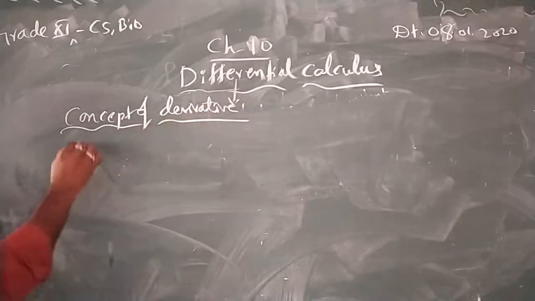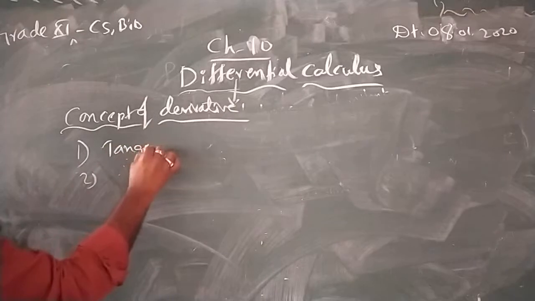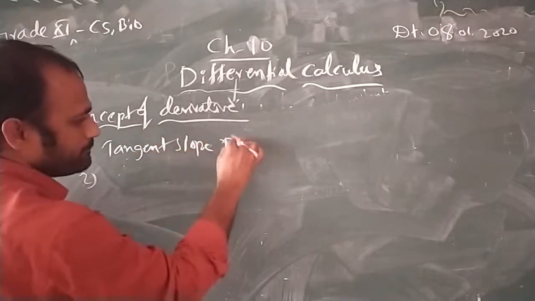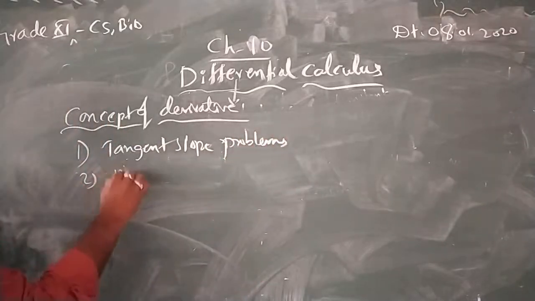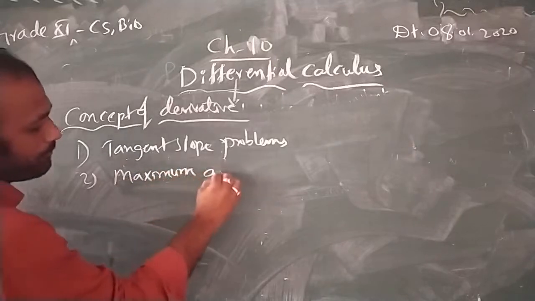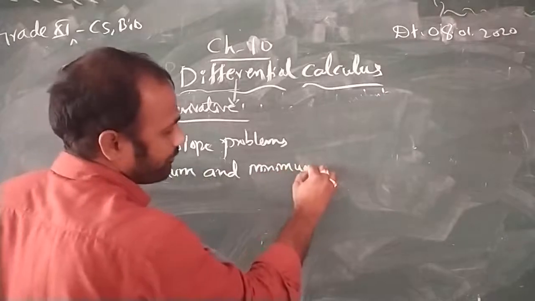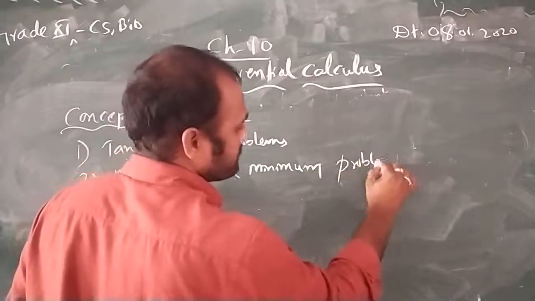This can be discussed on 4 major issues. There are tangent line, tangent slope problems, and the second one is maximum and minimum problems.